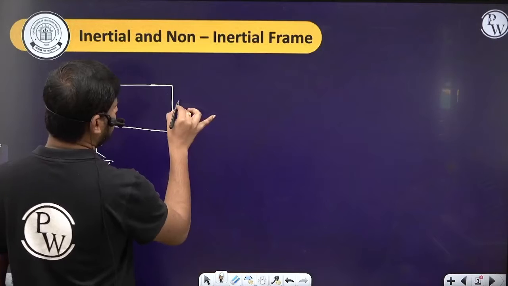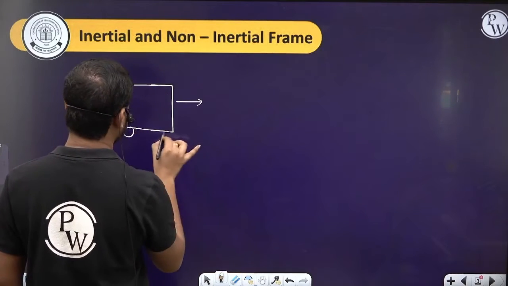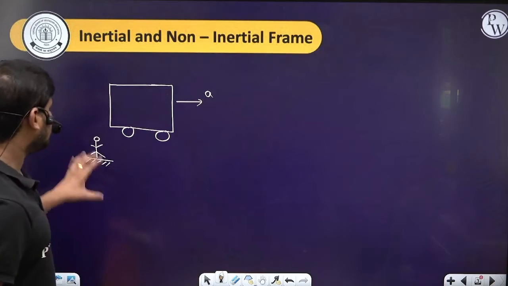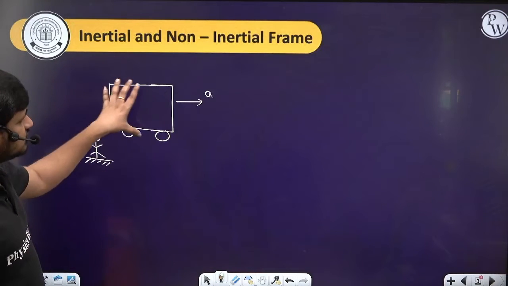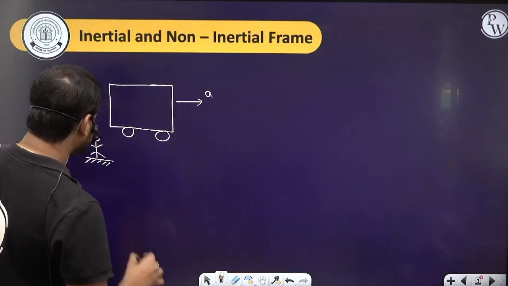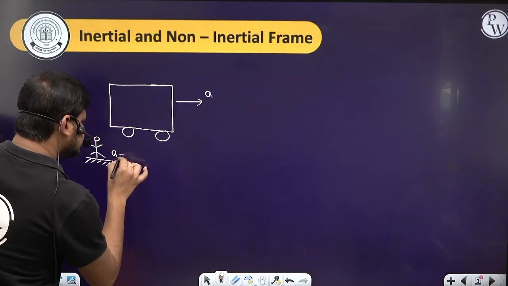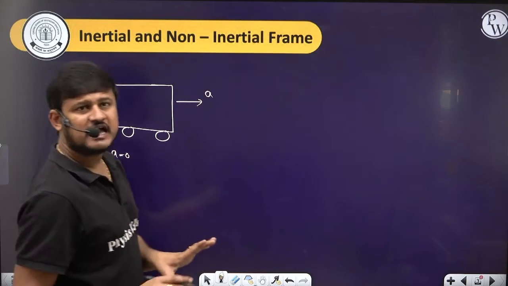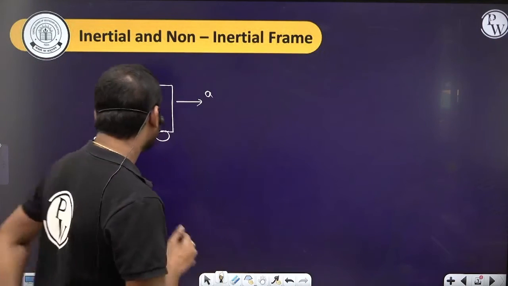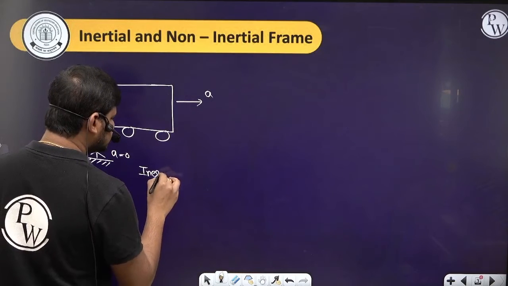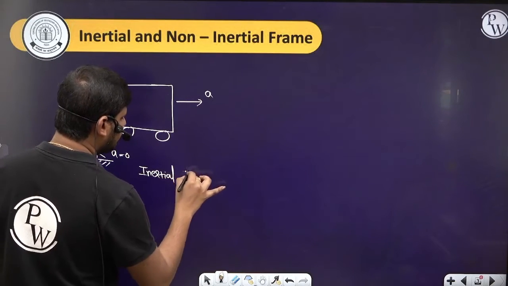This vehicle is moving with some acceleration a. With respect to the observer, the vehicle is moving, but the observer's acceleration still equals 0. The observer has no acceleration. Such frames are called the inertial frame.